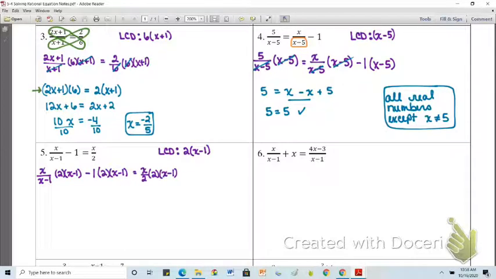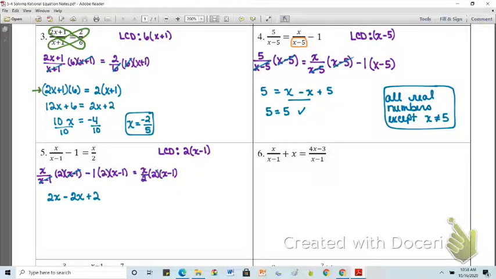Okay, from here we reduce. X minus 1's canceled. 2 times x is just 2x. Negative 1 times 2 is negative 2, and then I'm going to distribute that negative 2. So I get negative 2x plus 2.